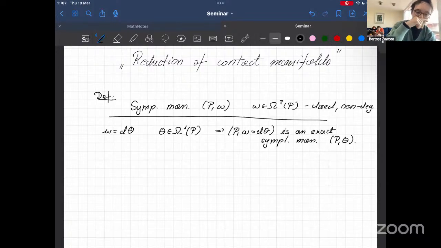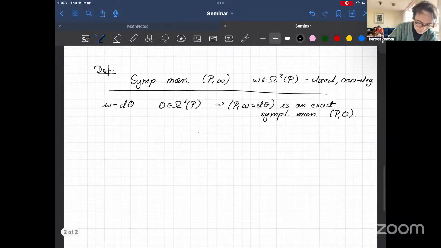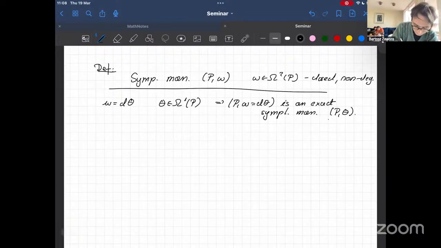The main interest will be put on exact symplectic manifolds, since in the general case for contact manifolds we have a covering that is a one-homogeneous symplectic line bundle. So from now on, when I say symplectic manifold, unless otherwise stated, I mean an exact symplectic manifold.